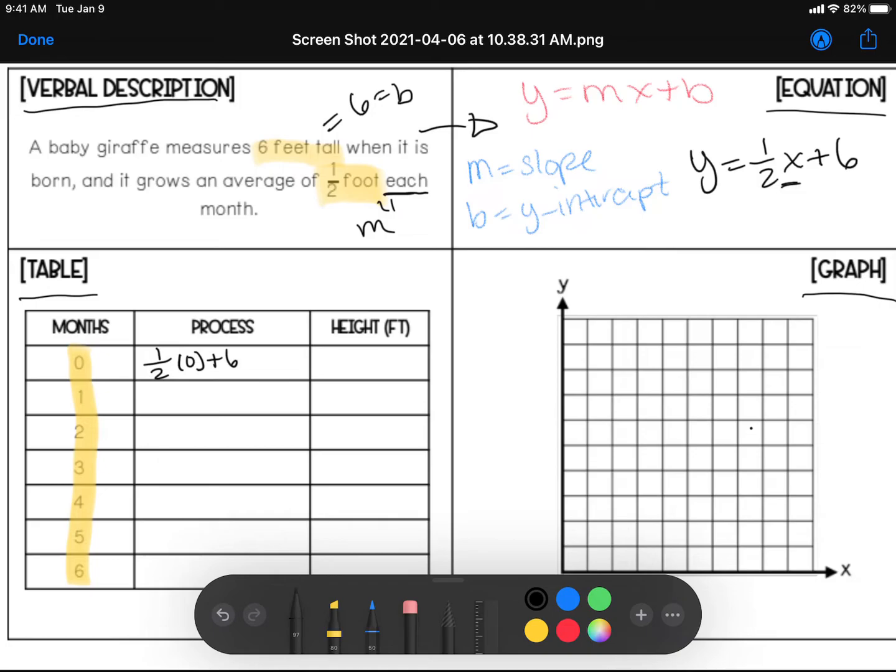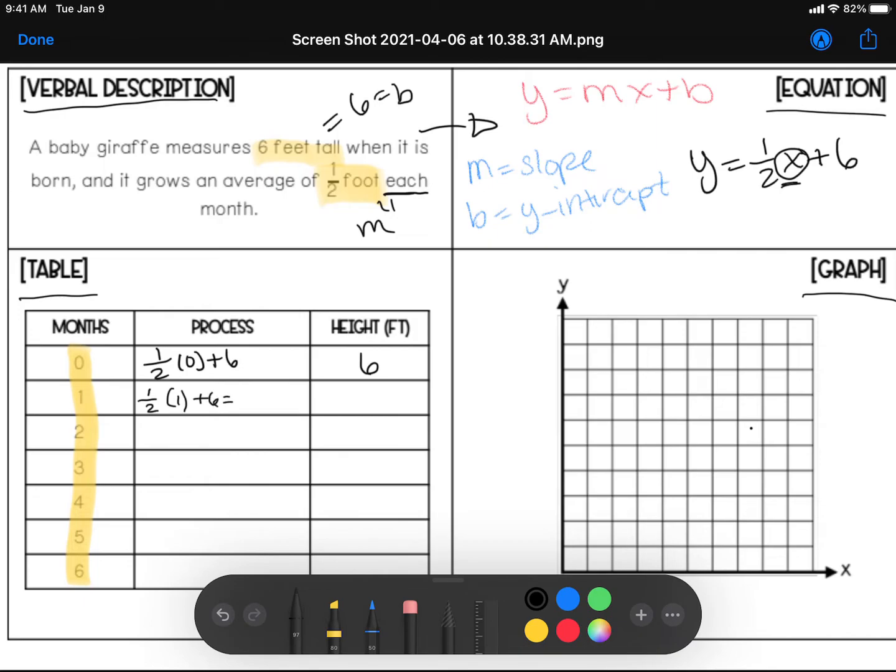Basically all I did was take my 0 and put it in place of my x. That's all I did, nothing too fancy. So a half times 0 is 0, plus 6 is 6. I'm just substituting x in for that.